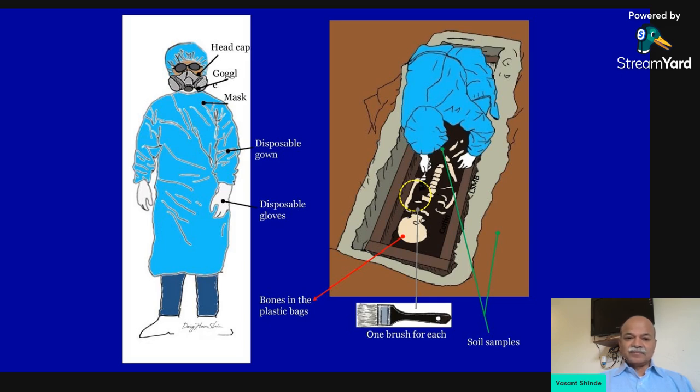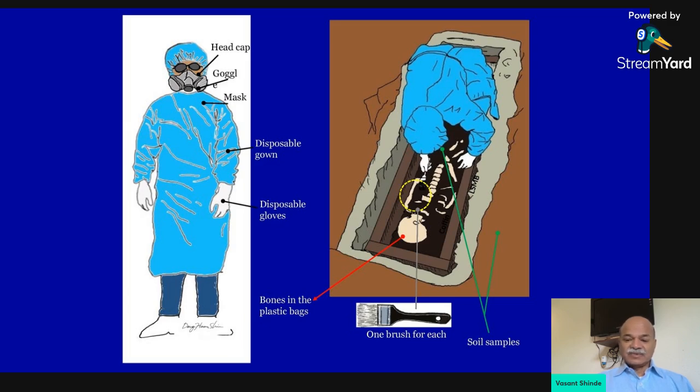What we are seeing here is that we started using PPE kits, and we took proper precaution. In spite of all this, we found DNA in only one skeletal remain, and when we analyzed that, we found some traces of the East Asian population in the Harappan genes.